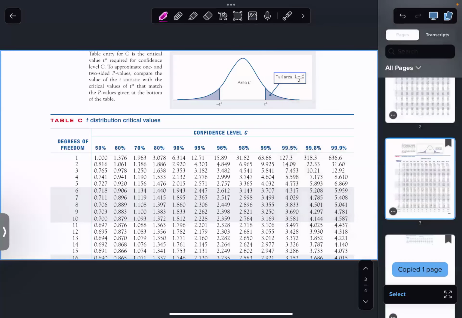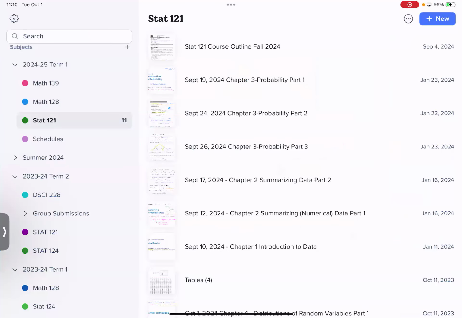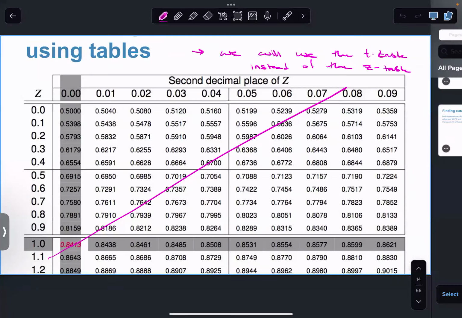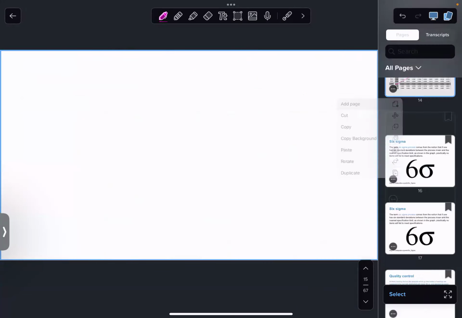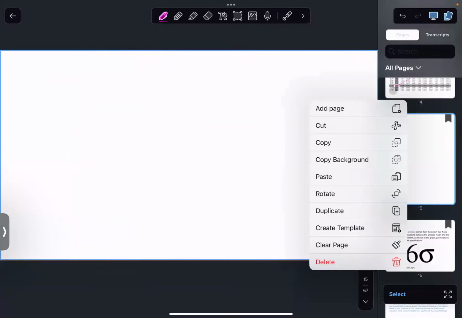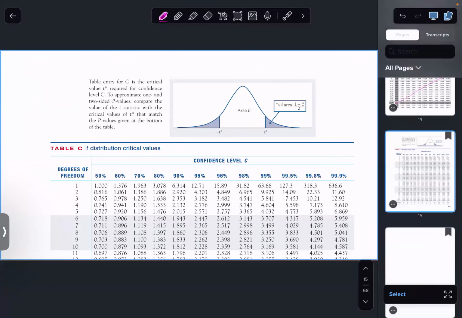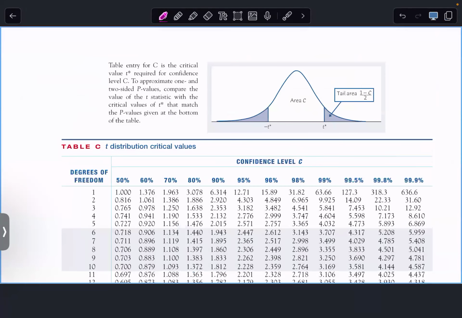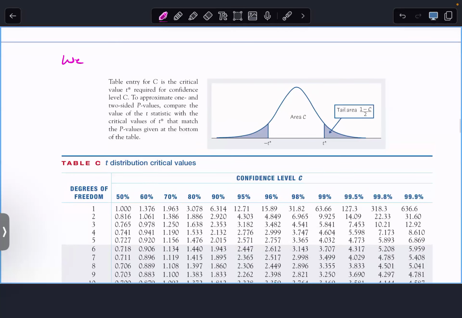And I'm gonna add a page, or sorry, paste. You can't see what I'm doing and it kind of drives me bonkers actually. I need you to see me struggling. So this is the table. We will use this table.